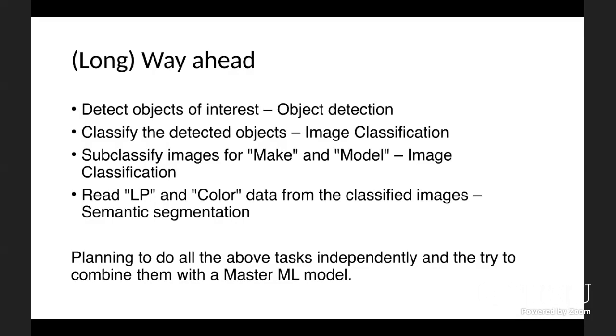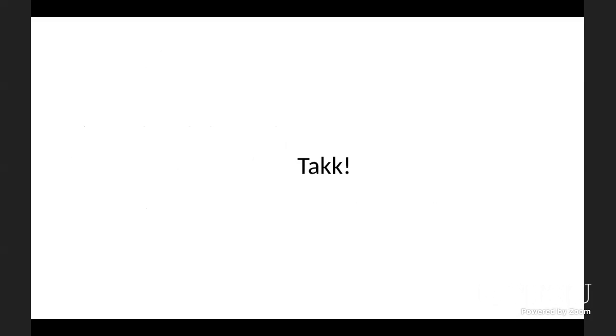We are planning to do all the tasks independently and then cluster them into one master ML algorithm which can do everything. Again, everything is in the conceptual stage. I haven't really experimented with some of the sophisticated algorithms yet. Yeah, that's pretty much it. It's a very short presentation.